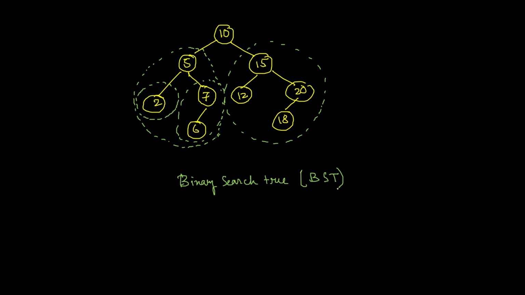How is it possible you can put 20? First of all, you must have some value lesser than 7 on this side. If instead of 7 you put 20, then this 20 is greater than 10. So 20 cannot be on the left side of 10.